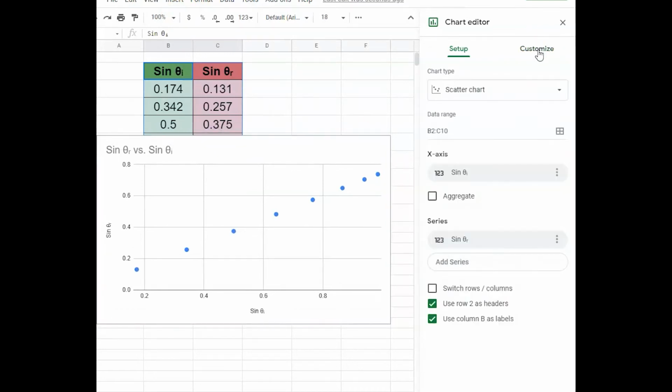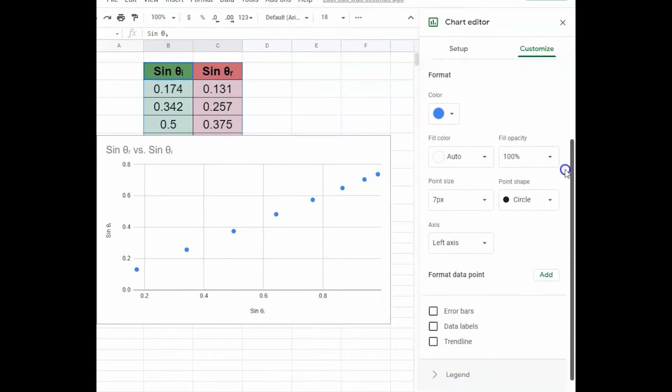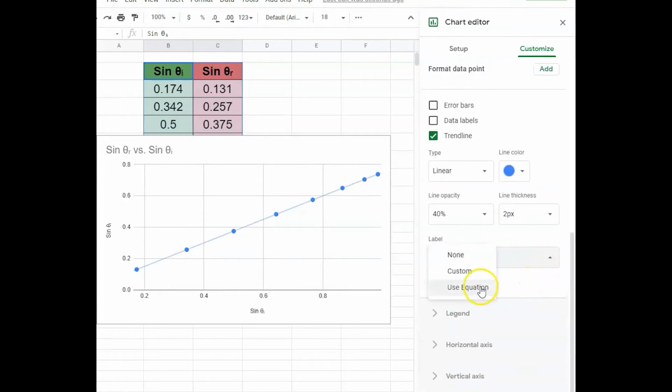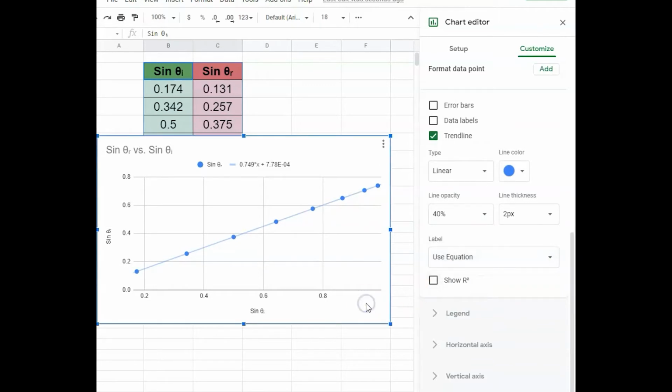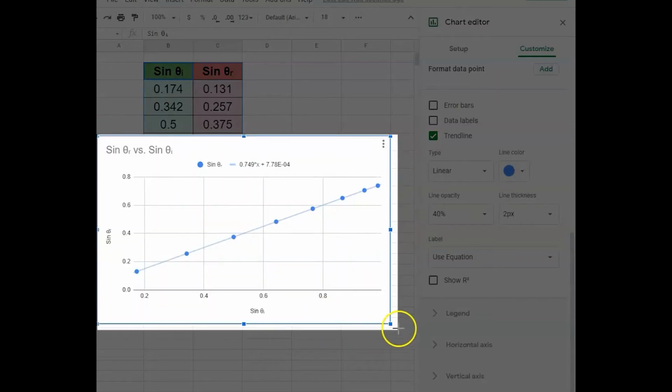So this linearized mathematical equation in slope-intercept form, y equals mx plus b, is represented by the sine of the angle of refraction, or angle 2, equal to 0.75, our slope, times the sine of the angle of incidence, or angle 1.